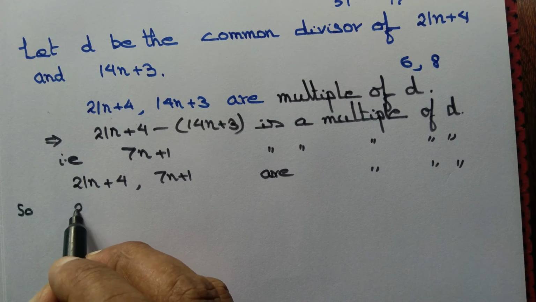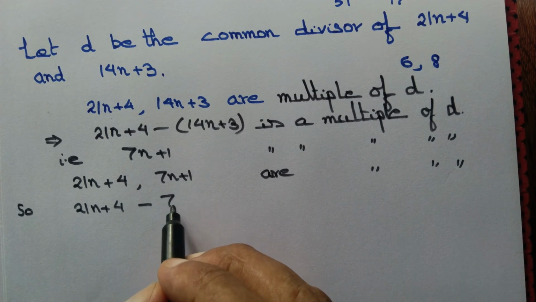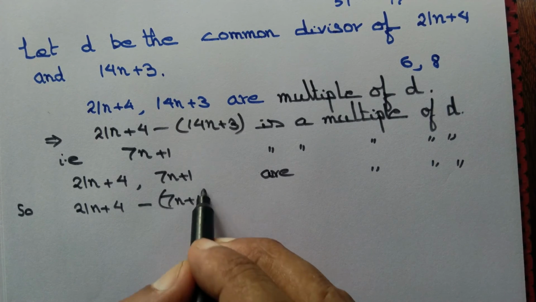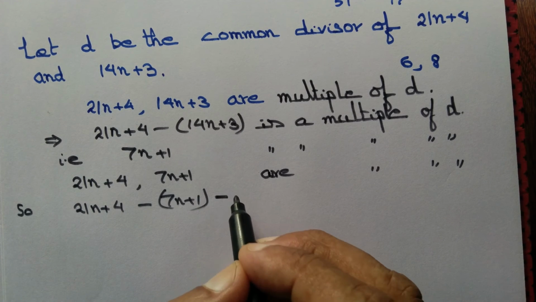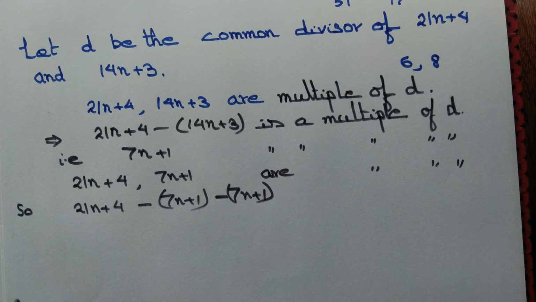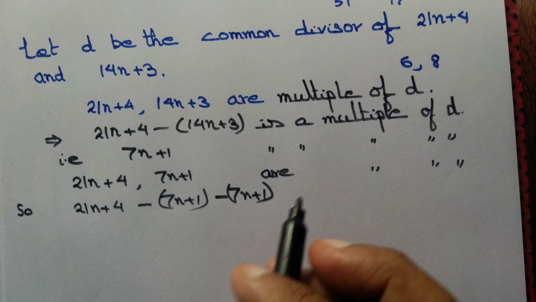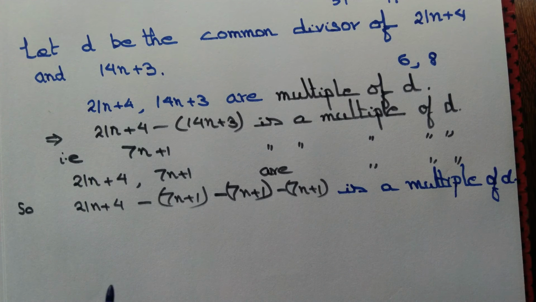So (21n + 4) minus (7n + 1) is a multiple of d. Again minus (7n + 1), you can subtract it and still it will be a multiple of d. Again minus (7n + 1) is a multiple of d.